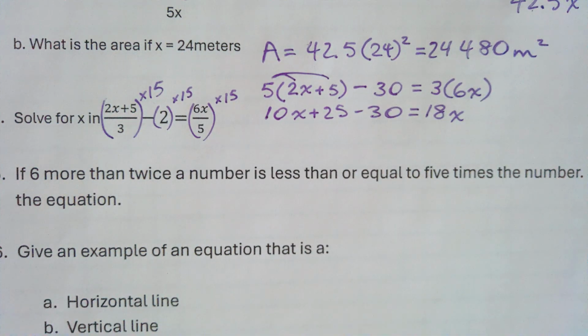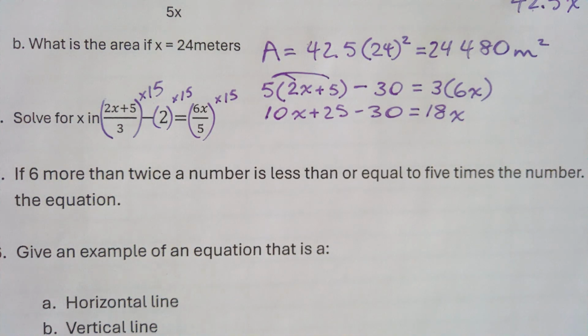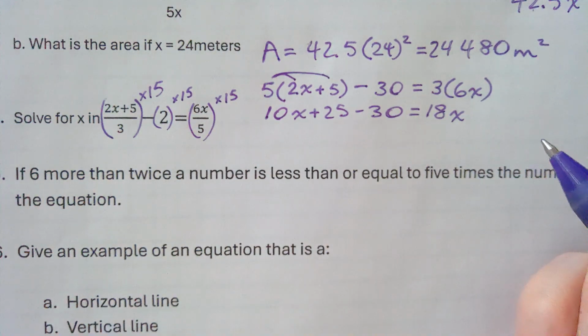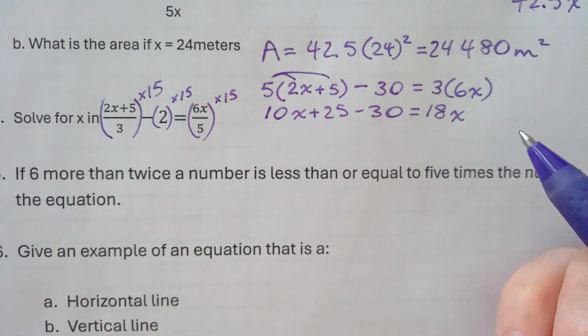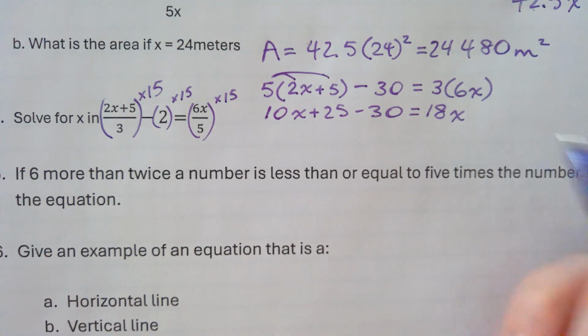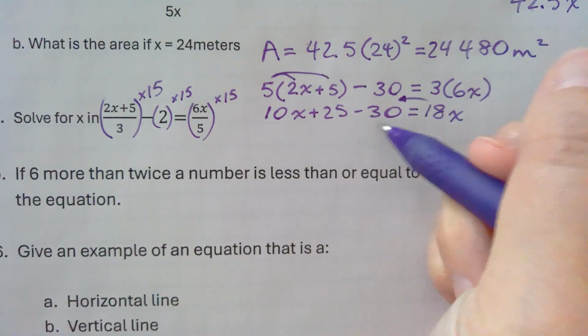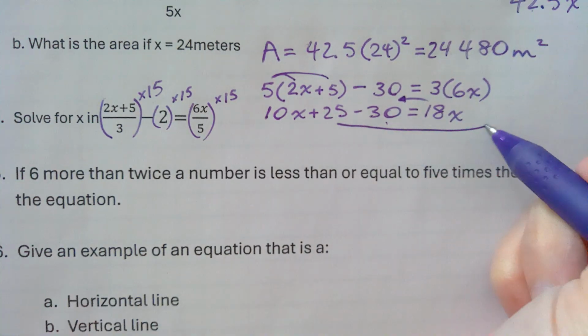Okay, solving equation. Joy, can you help me with this one? So from here, what do I do with the numbers? Okay, what if I want to keep letters to the left, numbers to the right? Perfect.